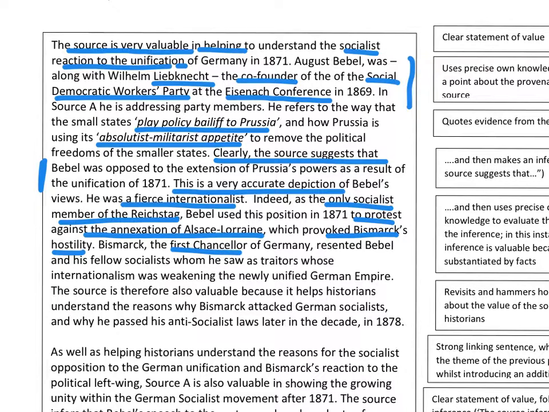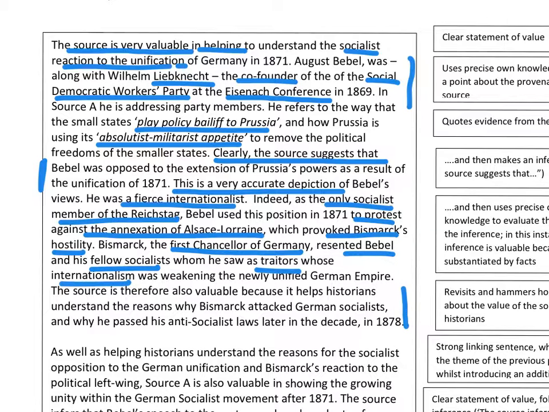So Bismarck, the first Chancellor of Germany, stated, this is A-level, you've got to show your knowledge. Bismarck resented Babel and his fellow socialists, whom he saw as traitors because their internationalism was weakening the newly unified German Empire. And then notice here how the paragraph ends strongly. It revisits that point.